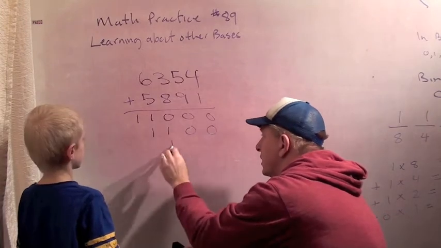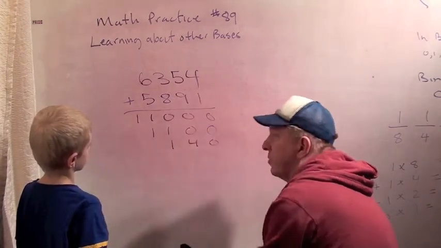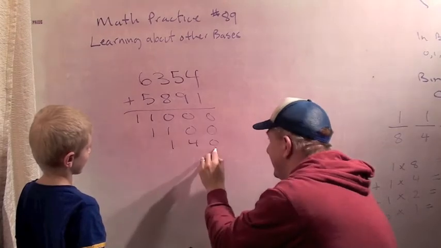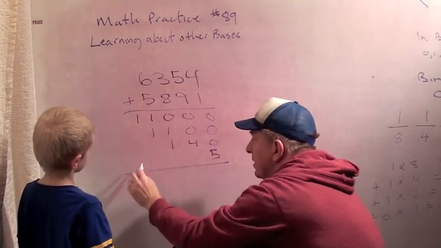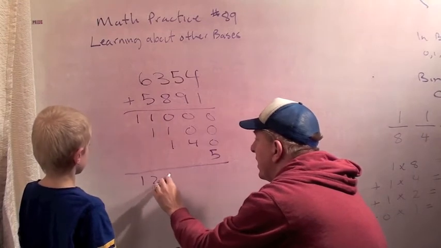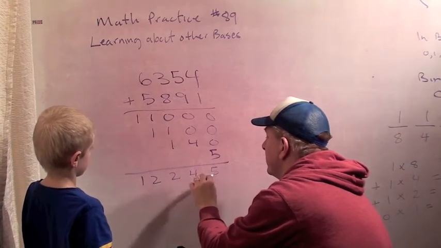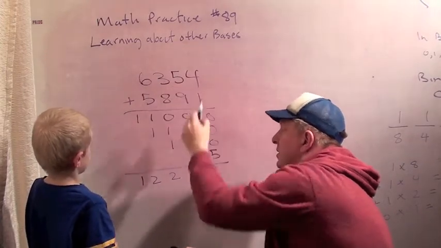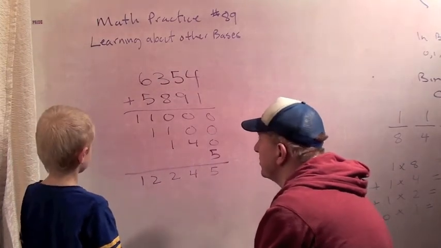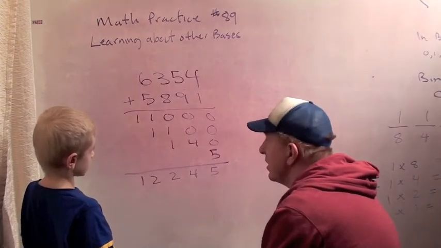It's 140. And what's 4 plus 1? 5. And so now we can just add up again, and we get 12,245. And the reason we can add the thousands, the hundreds, the tens, and the ones together is just because that's what these mean.